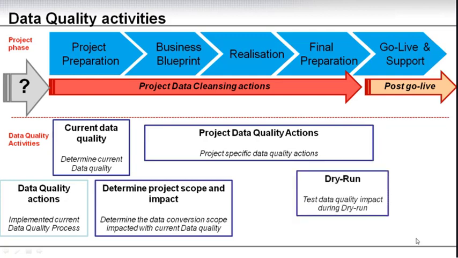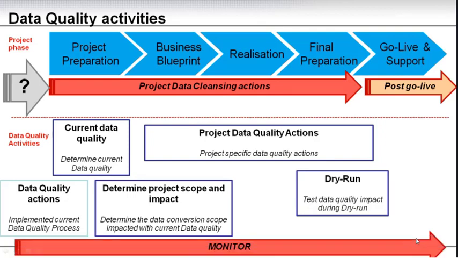The data conversion dry run is really where you will find out if you'll be facing any impact or any issues related to data quality during or after you go live. The dry run is late, and because of that, you really need to monitor this.